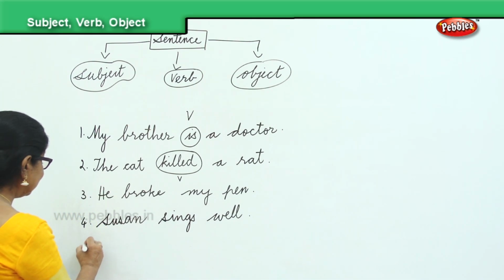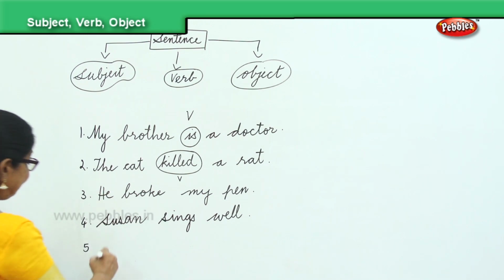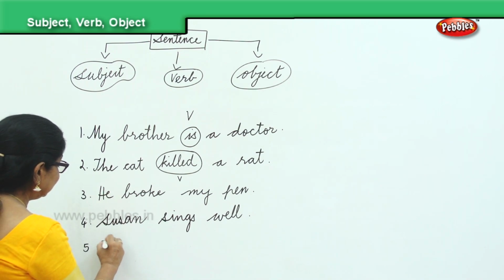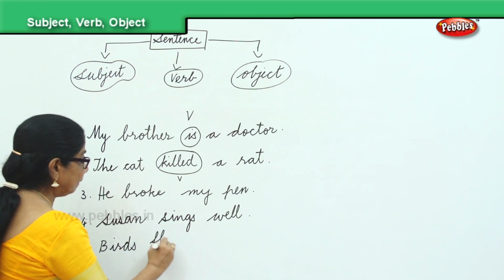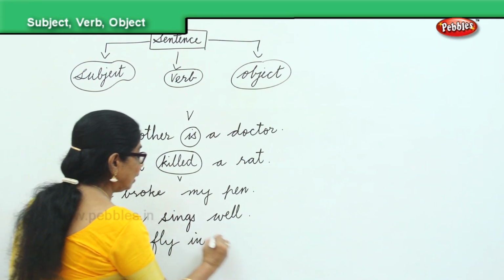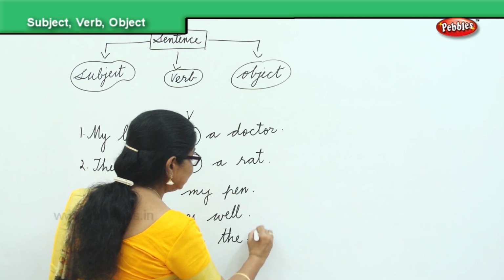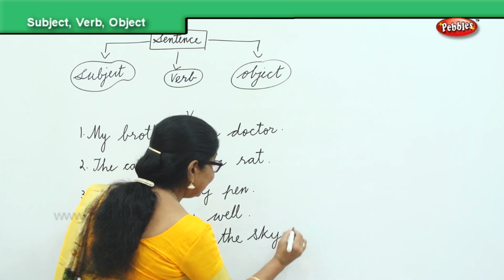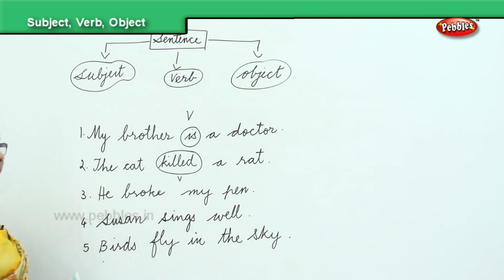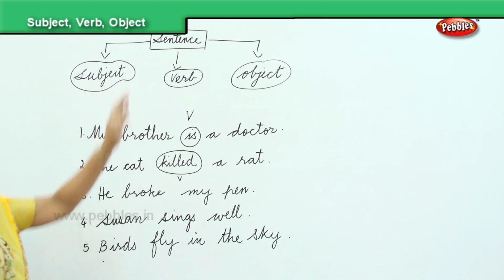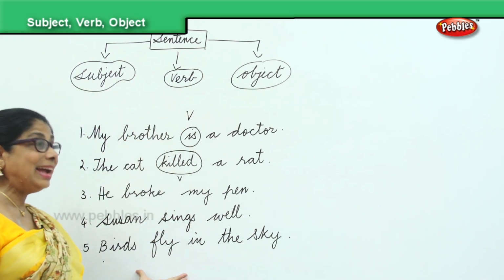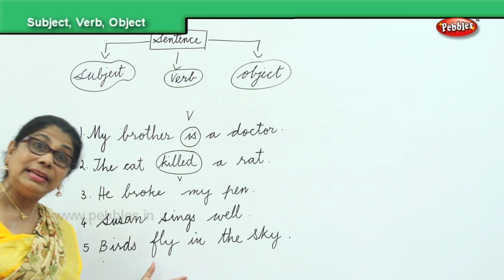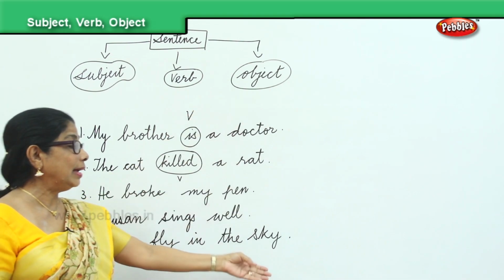Again here, I'll tell you. Birds fly in the sky. Ends with the full stop, begins with the capital letter. Now, where is the subject? Birds are the subject. Where is the verb? Fly is the verb. Object. Where is the bird flying? The bird is flying in the sky.